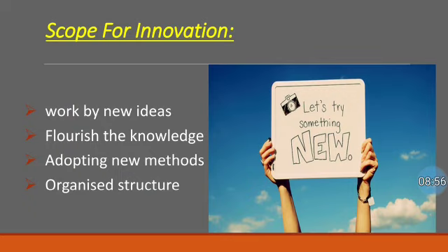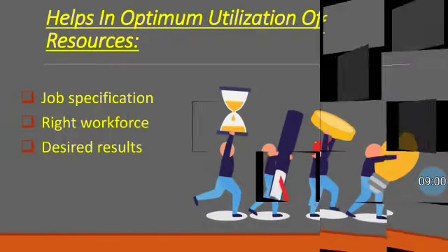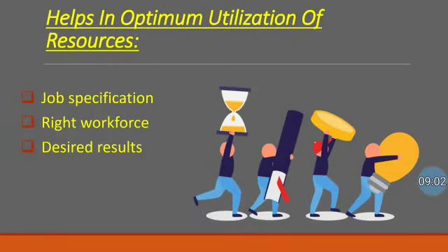Let's move towards today's last topic, which is helps in optimum utilization of resources. So, every organization provides different types of jobs to different people. What is the point in that? Why do they do that and how do they do that? It is possible due to job specification.